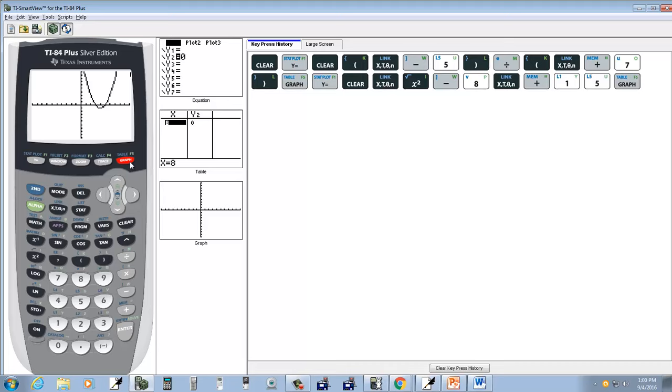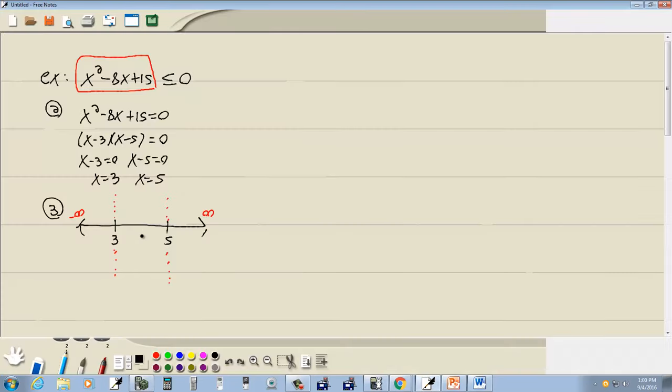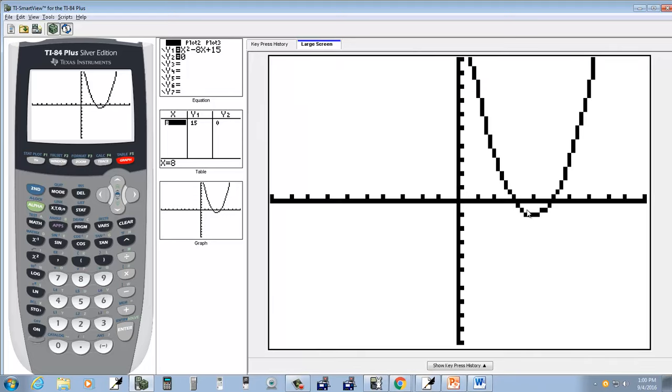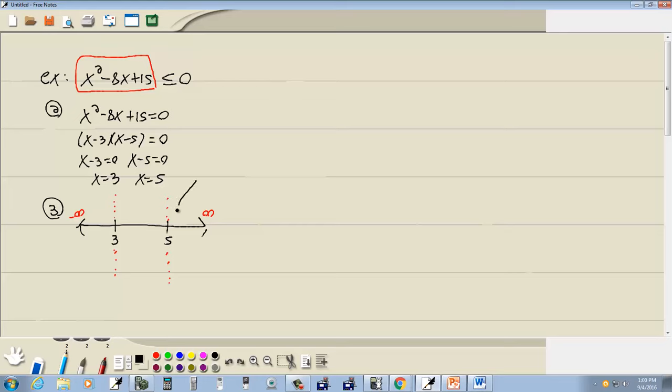Now what you'll notice is it'll cross at my critical values. Now if I sketch this graph that I'm seeing, it'll look like that right there. You do not have to spend any kind of time making this look good. That's not the point of the sketch on this.